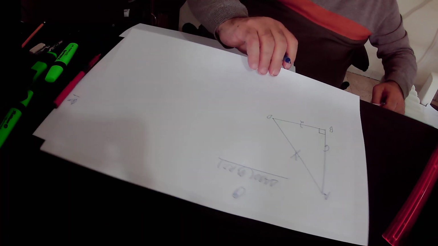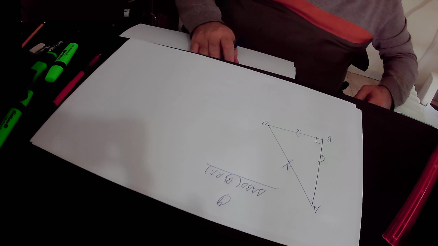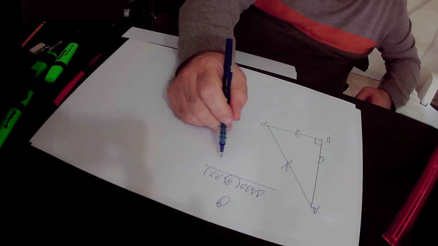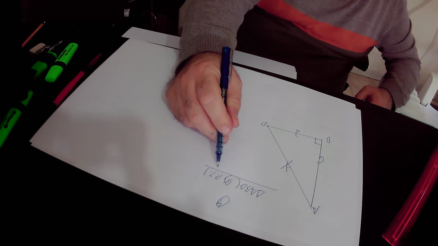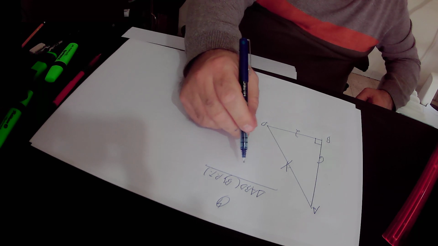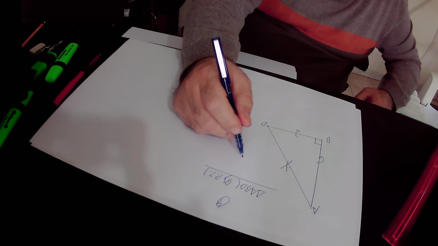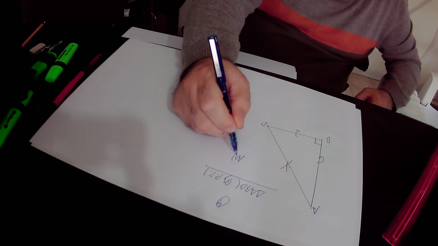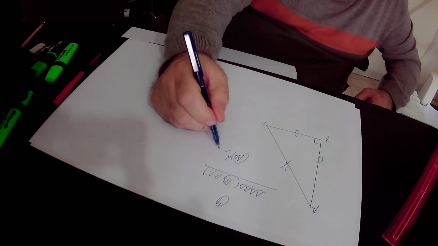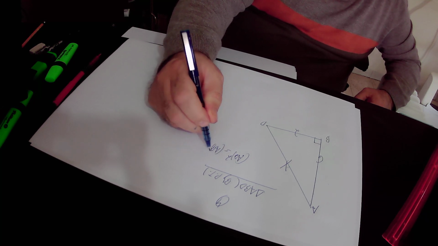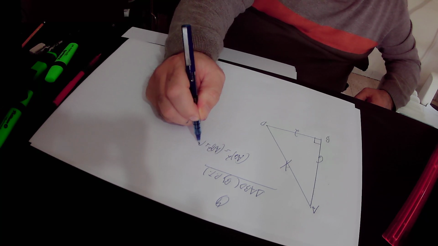So in the right triangle, triangle ABD, the square of the hypotenuse equals the sum of the squares of the perpendiculars according to the Pythagoras theorem. So we get that the square of the hypotenuse is AD squared, and it must be equal to the sum of the squares of the perpendiculars. That is to say, it must be equal to AB squared plus BD squared.